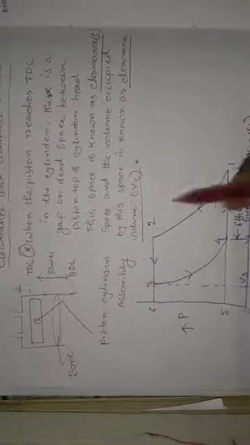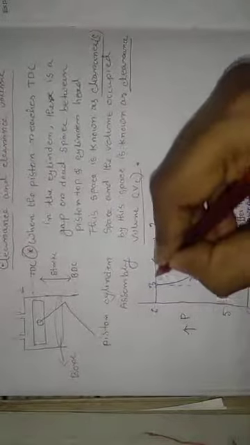Now what is the work done required for that case? When you calculate the work done required per cycle, first you have to calculate the work done required for the total cycle, that is 1 2 3 6 5 4 1, minus this amount of work done. The work done required per cycle is nothing but this portion.